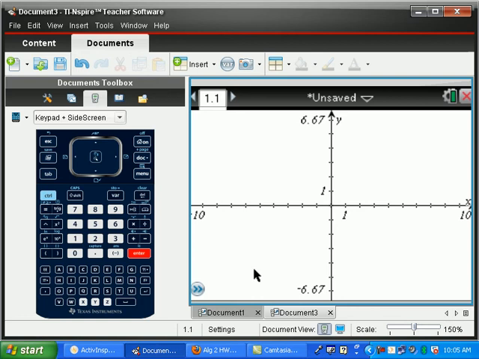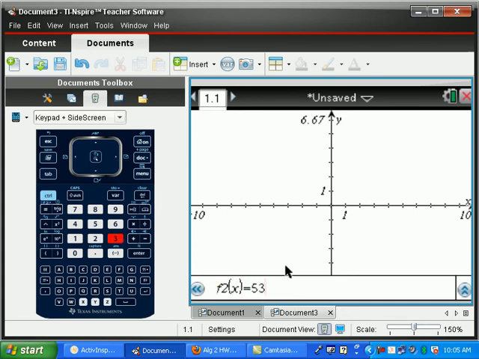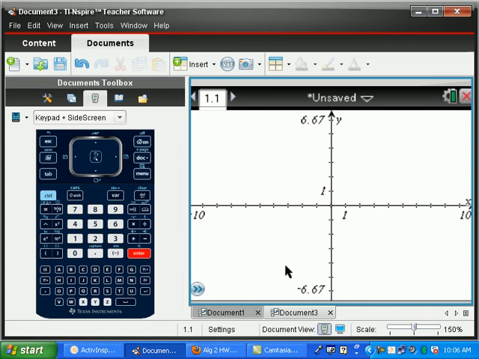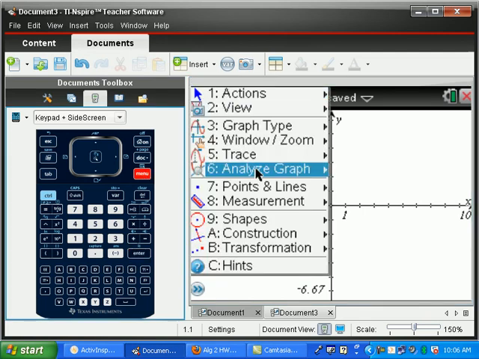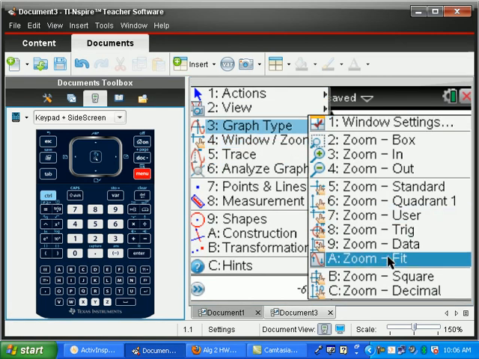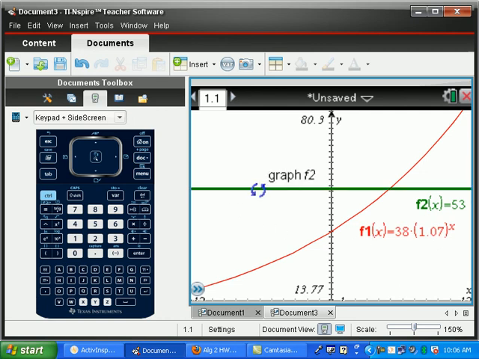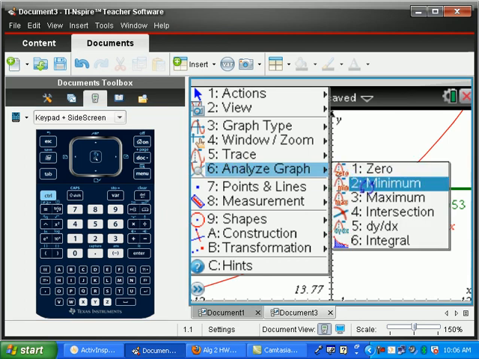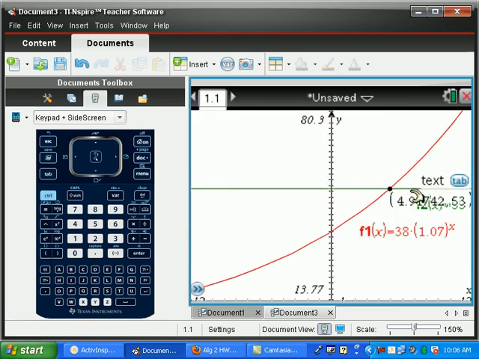The reason I'm doing that is because when I go menu and change my zoom to fit, you can see here's the level of 53 buffalo, and here you can see where the graph of the buffalo population, the red graph, reaches that point. And so again, menu, analyze graph, intersection, we can see at 4.917 years, we arrive at 53 buffalo.